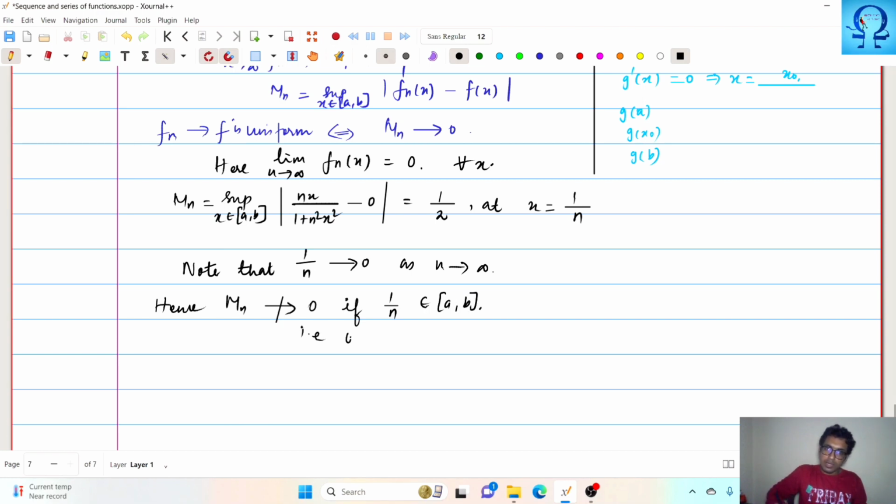That is, if 0 is in the interval [a, b], then the sequence does not converge uniformly.